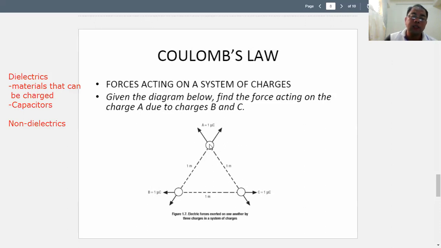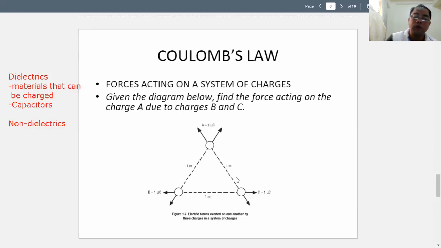Now we can get the force that exists between charge A and charge B. The same way, there's also a force between charge A and charge C. If they are both positive charges, since the 1 microcoulomb is indicated without a sign, we will assume that it is positive.